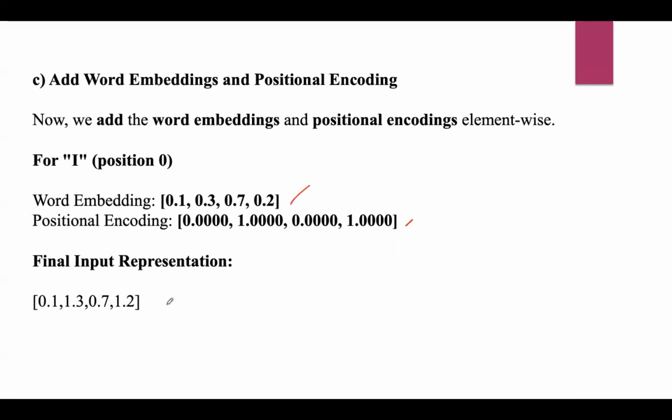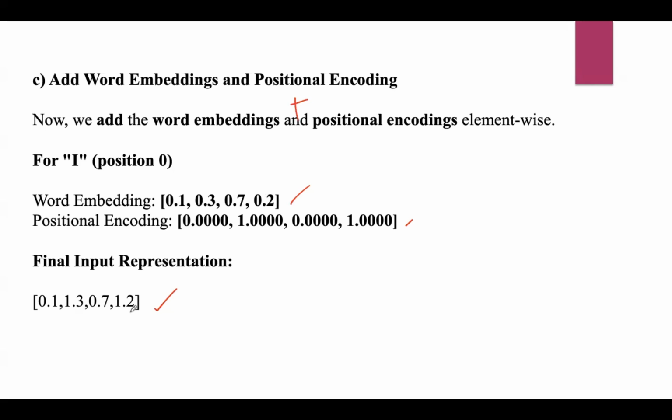So this is the final input representation. How do we get this final input representation? By adding word embeddings plus positional encoding. So 0.1 plus 0, we'll get 0.1. 0.3 plus 1, that is 1.3. 0.7 plus 0, 0.7. 0.2 plus 1, 1.2.